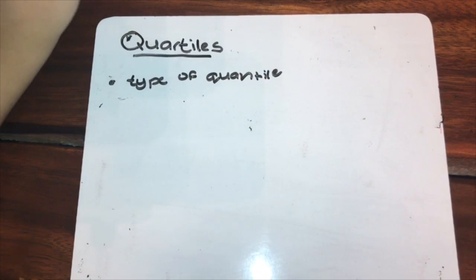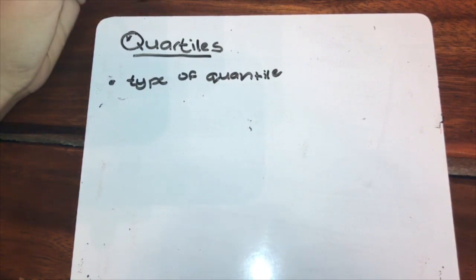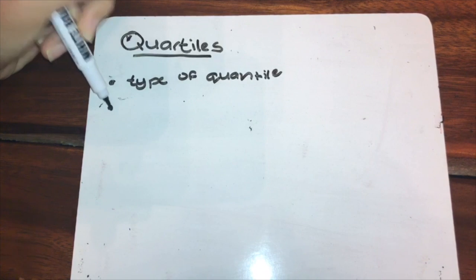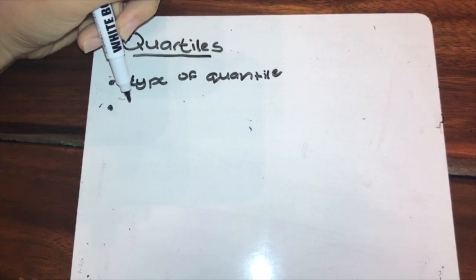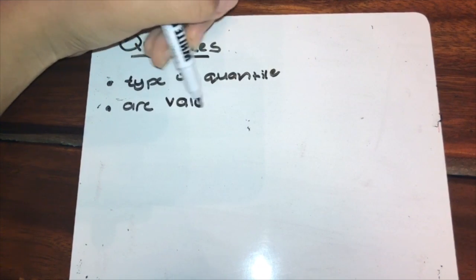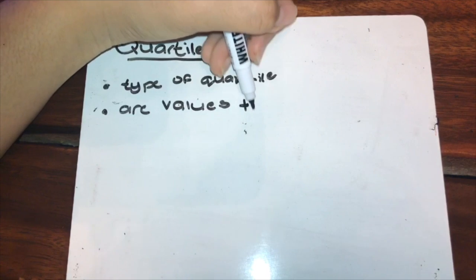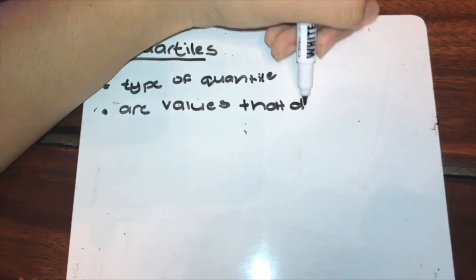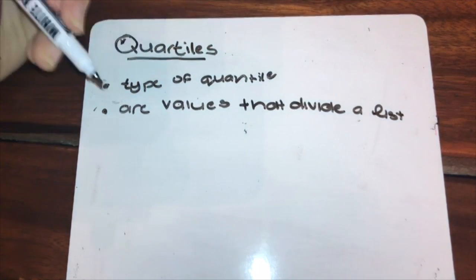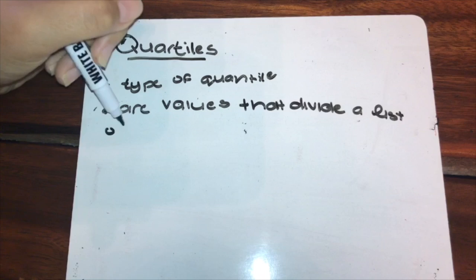Quartiles are values that divide a list of numbers into quarters.